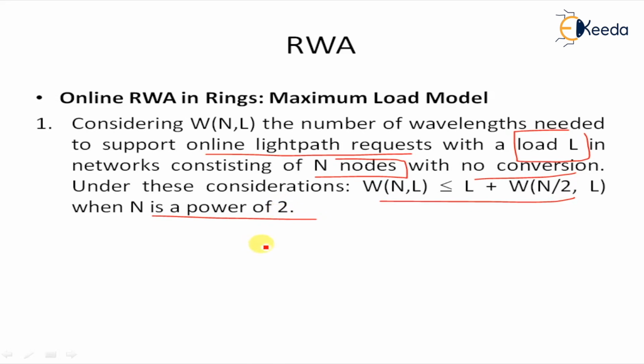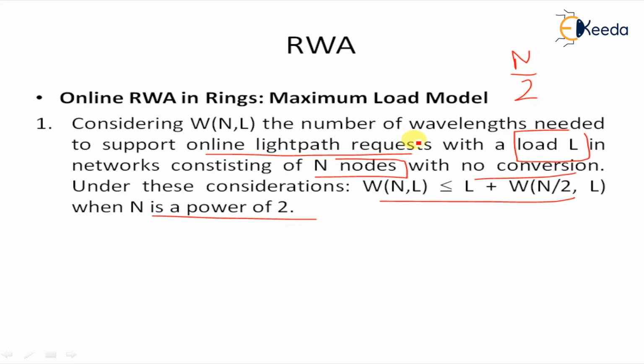So this line network is split in the middle to realize two disjoint sub-line networks, each with n by 2 nodes. So we break the set of light path requests into two different groups. One group consists of the light paths that lie entirely within the sub-line networks, and the other group consists of light paths that go across between the two sub-line networks.